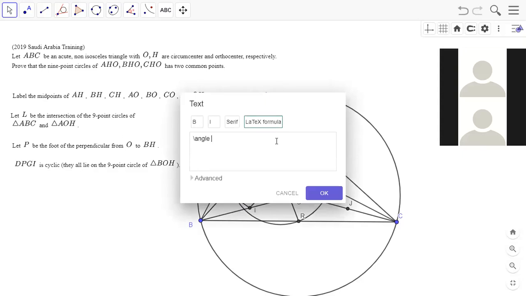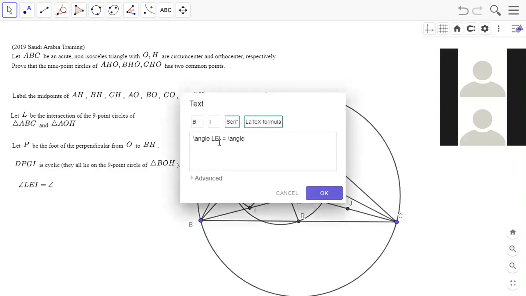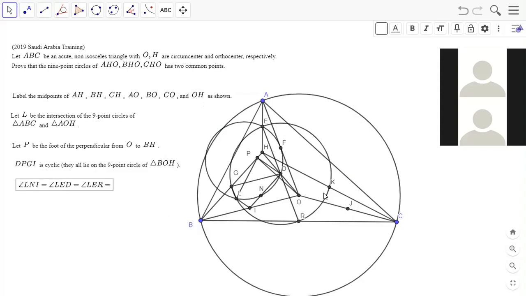So angle LNI is LED, which is equal to angle LER, which is equal to angle LKR.